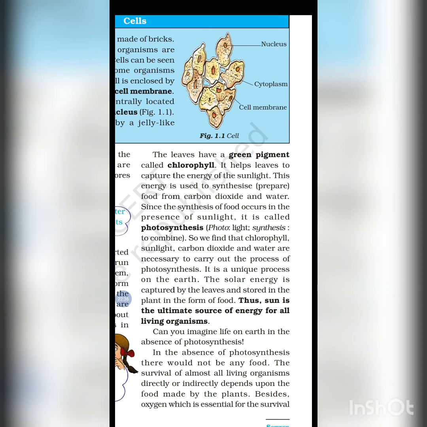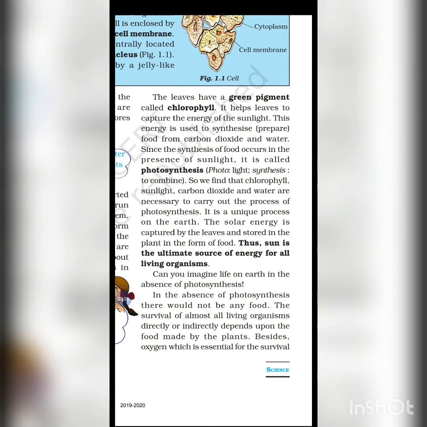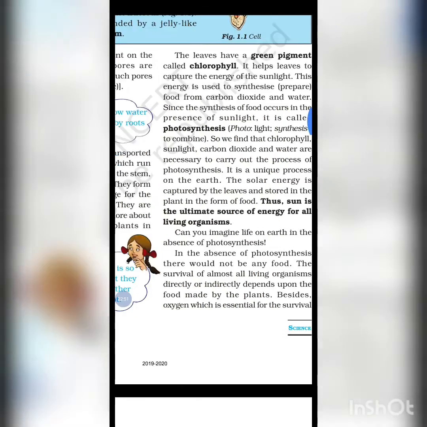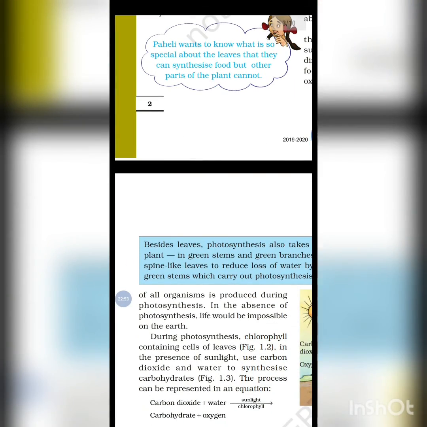Now next, in the absence of photosynthesis, there would not be any food. The survival of almost all living organisms, directly or indirectly, depends upon the food made by the plants. Besides, oxygen, which is essential for the survival of all living organisms, is produced during photosynthesis. In the absence of photosynthesis, life would be impossible on the earth.